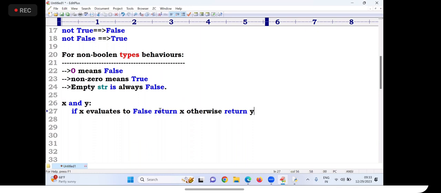If X is false, the output is X. If X is not false, then the result is Y. So you have 2 options, simple. Do you know C language or any language? If and else conditions are there. If the condition is satisfied, the if block is executed; if not, the else part. Same story is repeated here.